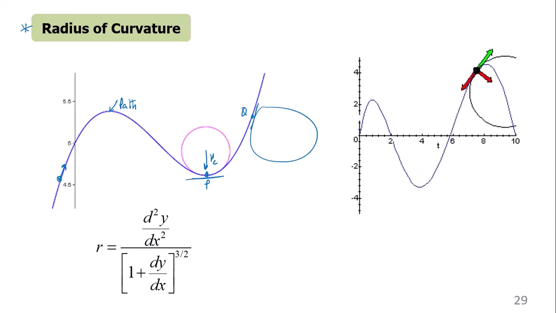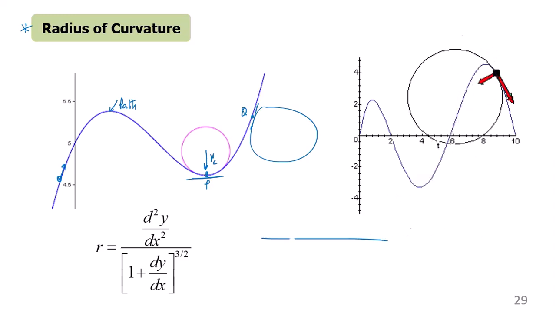Okay. You can see this animation where different circles are being drawn, and in some situations the circle is of very small size, in some situations the circle will be very large. Okay. Now what is the concept of radius of curvature? A higher value of radius of curvature means a flat surface. If a particle is moving along a straight path and I want to draw a tangent, I am ensuring that there are 2 points very close to each other.